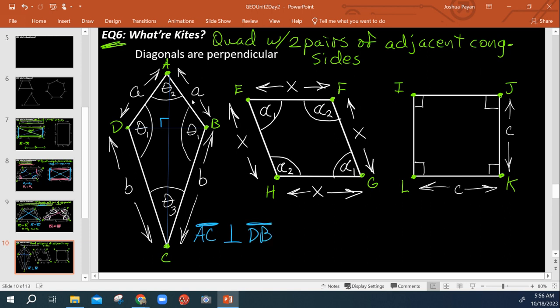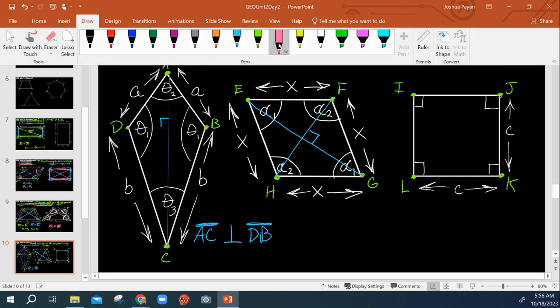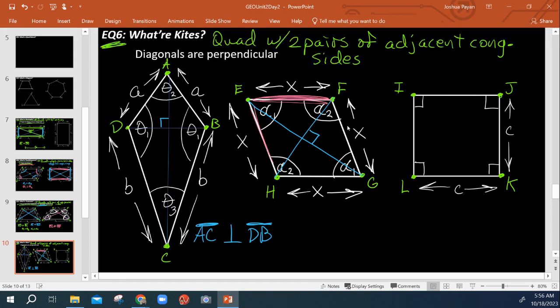Right, and the same is going to go for this other example here. FH is going to be perpendicular to EG. Clearly see that's going to be a right angle there. Right, and we also see what we saw before. These two sides here are adjacent and they are also going to be congruent.